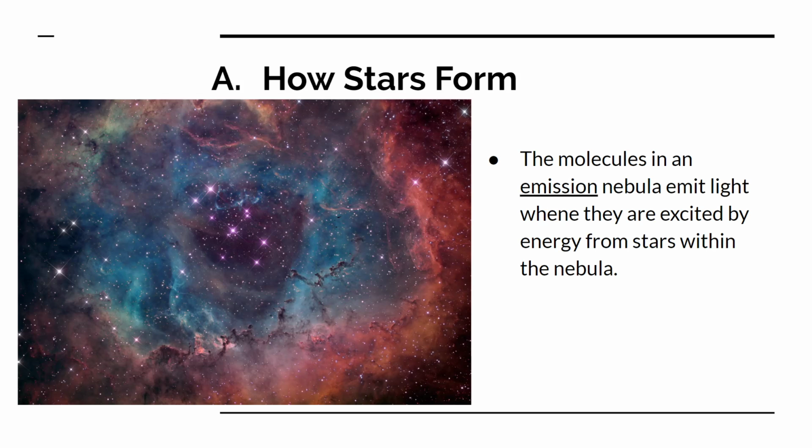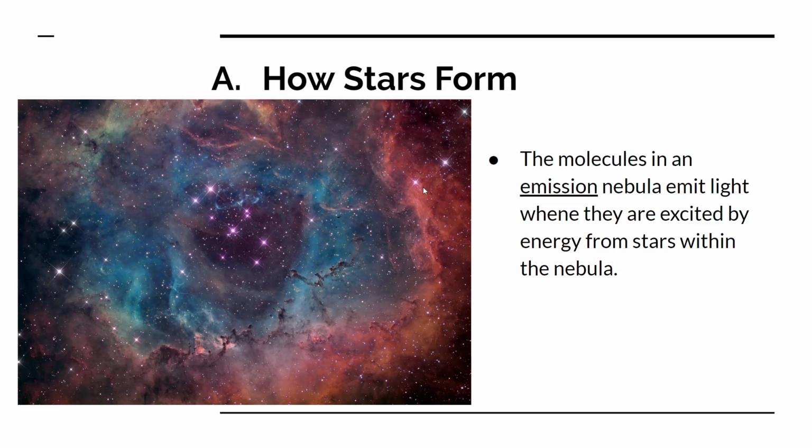We also have things called emission nebulas, which emit light when they are excited by energy from stars within the nebula. So absorption, remember, those are just absorbing light. These emission nebulas are absorbing those specific colors and then re-emitting those specific colors.